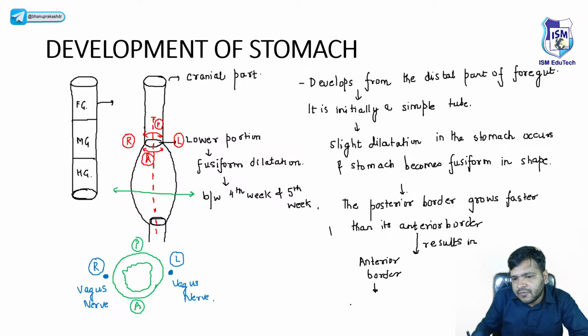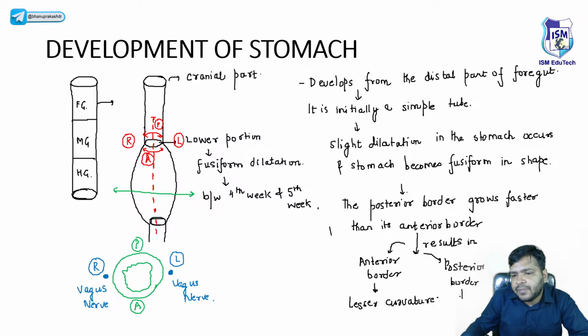So in future it will form the lesser curvature of the stomach. We have two curvatures of the stomach. The lesser curvature results from the anterior border, and the posterior border will become the greater curvature.